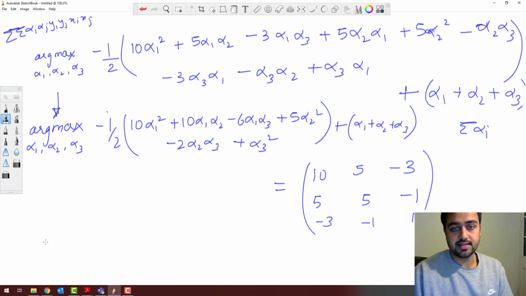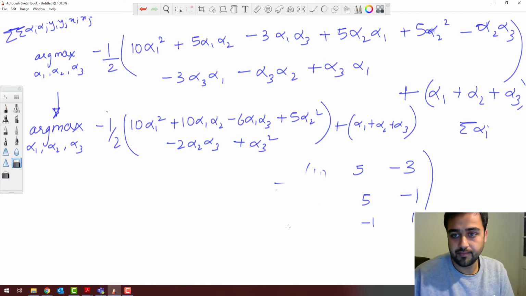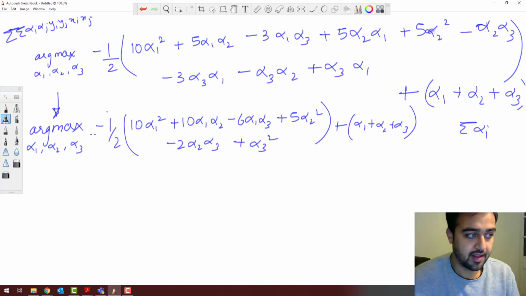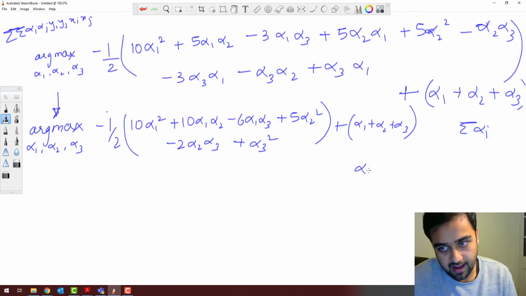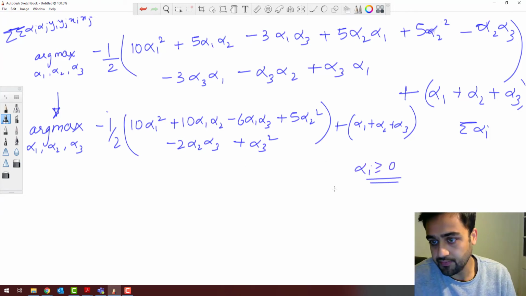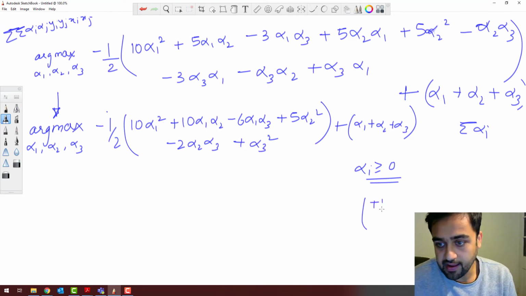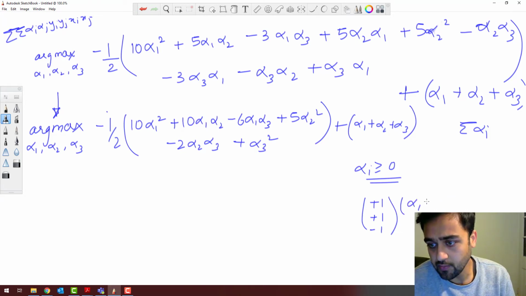So it's clear till this step. Now proceeding forward, this whole system of equations is subjected to alpha i greater than or equal to 0, right? And as our yi's are plus 1 and minus 1, this would lead to alpha 1 plus alpha 2 minus alpha 3 equals 0.